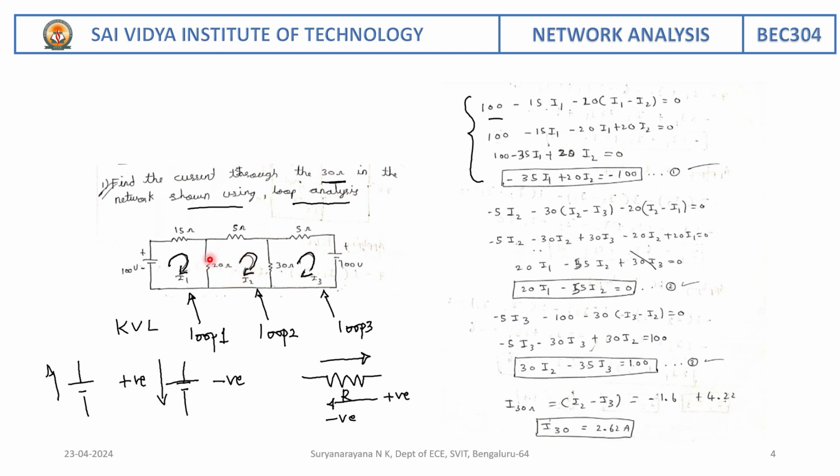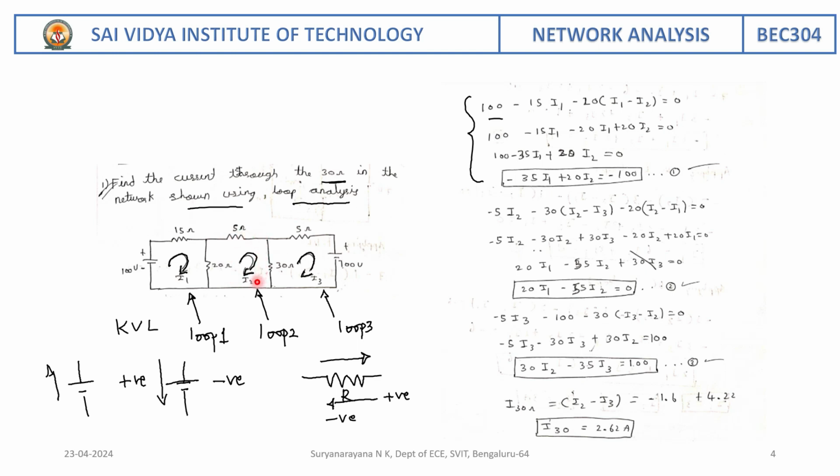Therefore, minus 20 I1 minus I2. So on simplifying this equation, I am going to get minus 35 I1 plus 20 I2 is equal to minus 100.